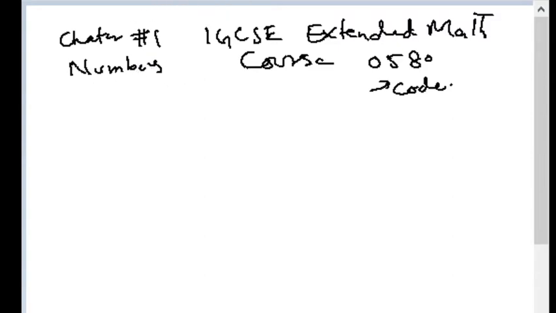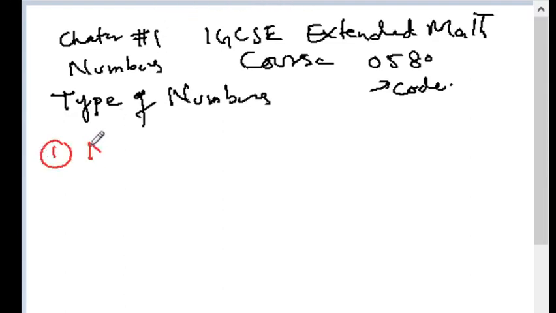Now, before starting this chapter, I would like to do types of numbers. The first type is natural numbers.